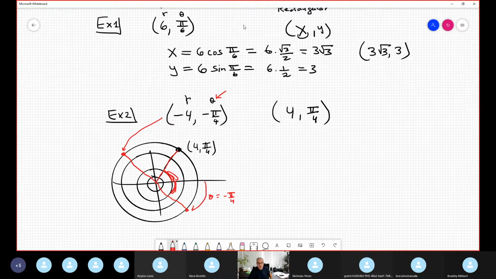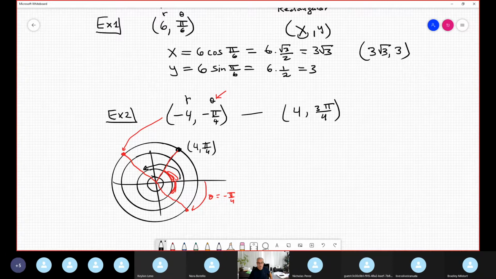So this is equivalent to saying that the point in polar is also positive 4, 3 pi over 4, which is 135 degrees in this direction.